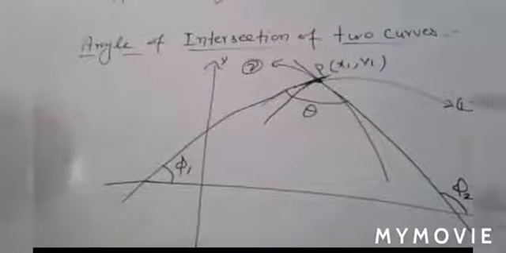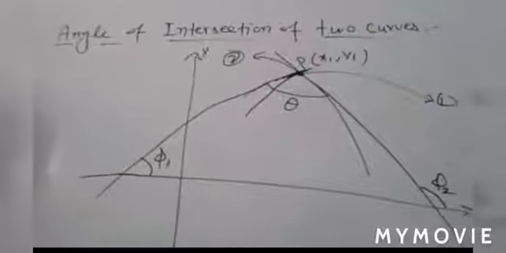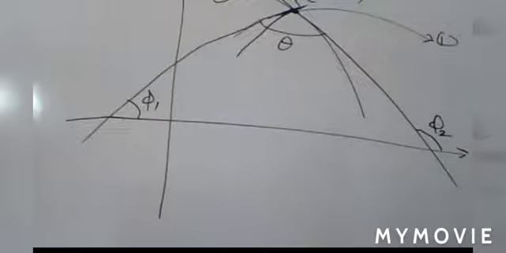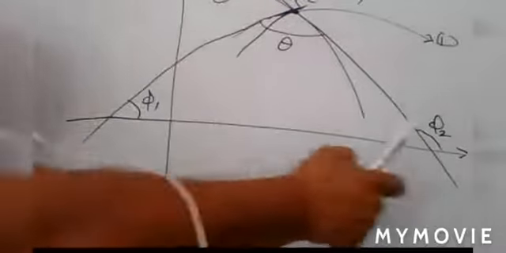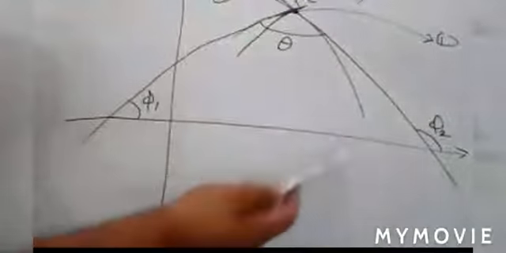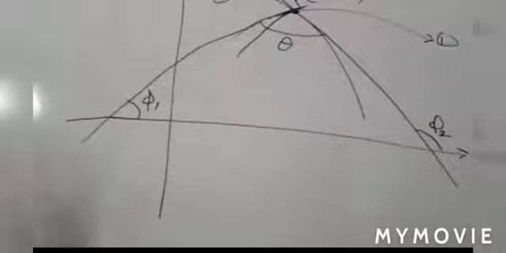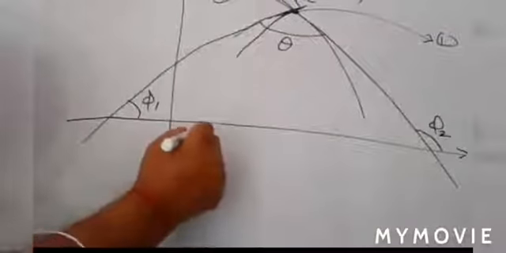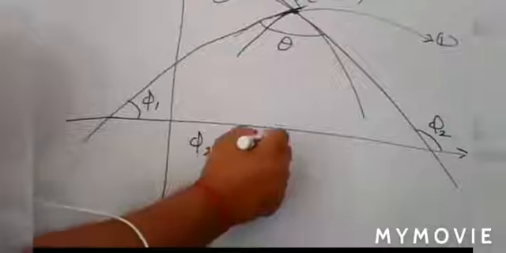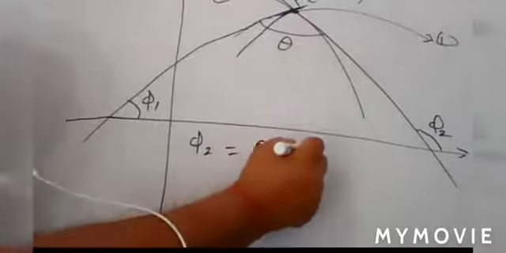Phi 1 and phi 2 are the angles made by the tangents in the positive direction of the x-axis. Understand? Phi 2 is an exterior angle of this triangle. Here you see that a triangle is formed. So applying the property, phi 2 is equal to theta plus phi 1.